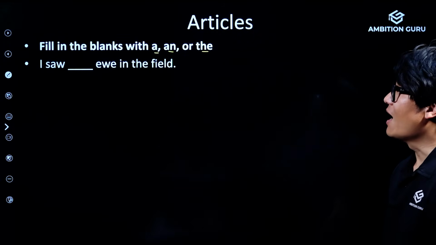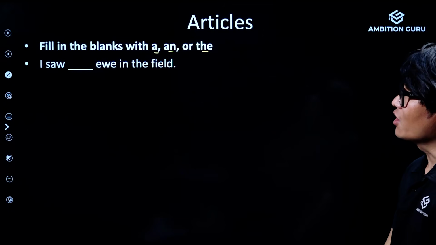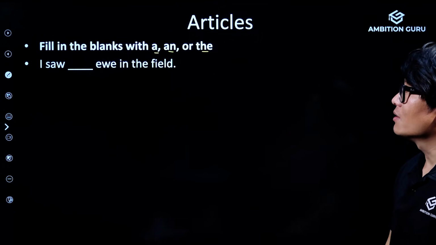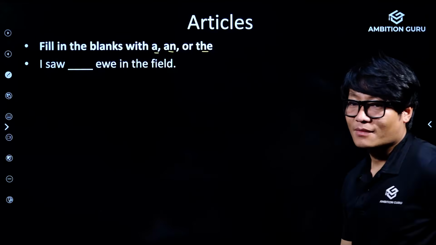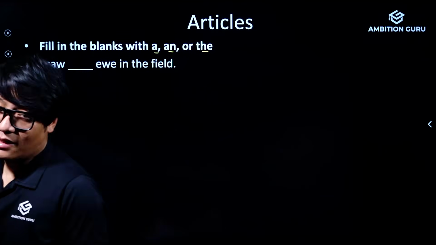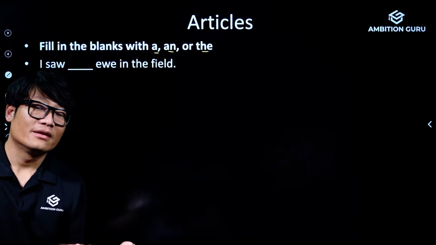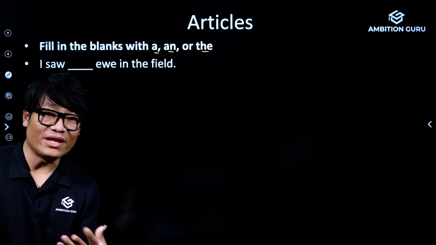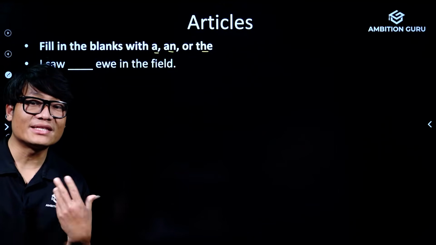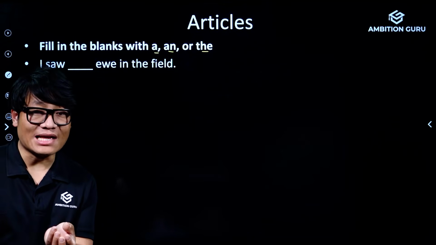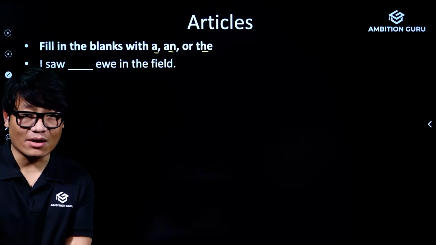First, I saw dot dot dot you in the field. Now, what's its answer? Don't go with vowel letter. You need to go with sound, whether it's a vowel sound or a consonant sound.